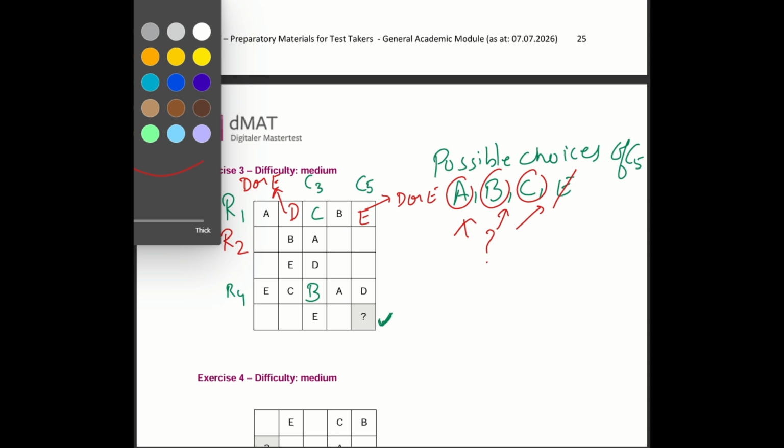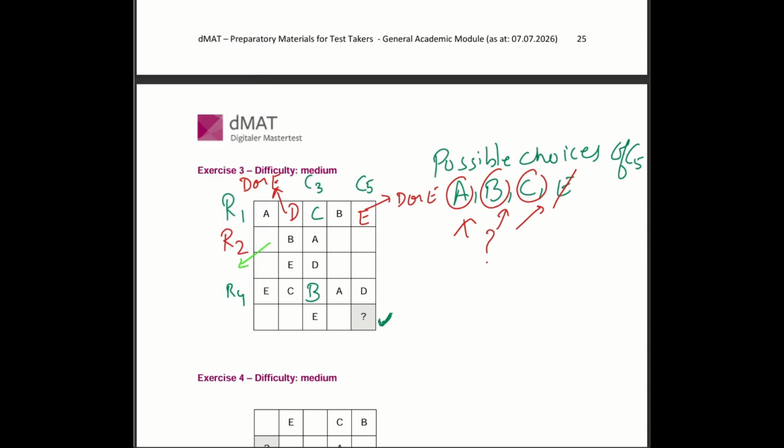The possible choices for row 2 are C, D or E, the same C, D or E. You know that E and D are already present, so here that would be C. Here E is already present, C is already present, and E is present in the column here. So the answer would be D here.